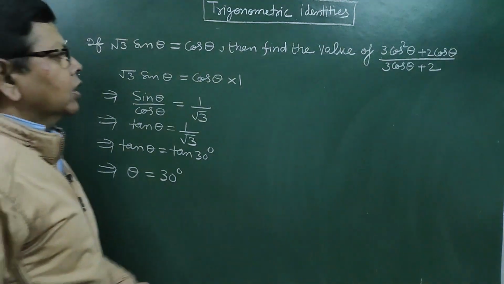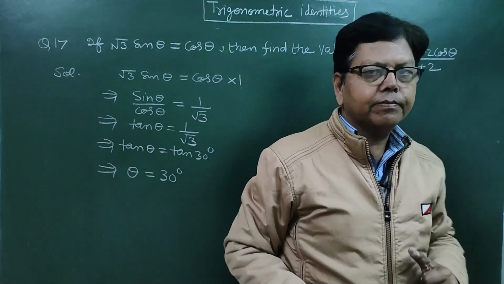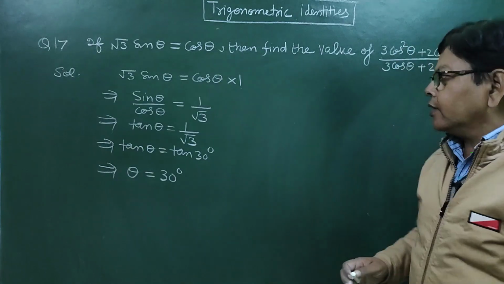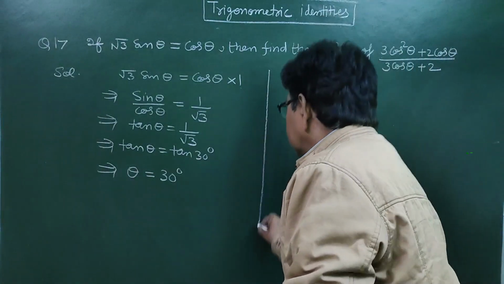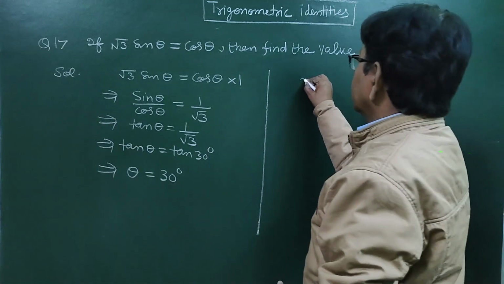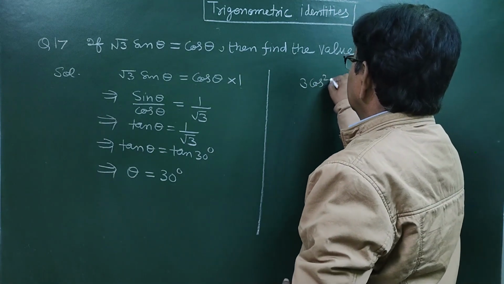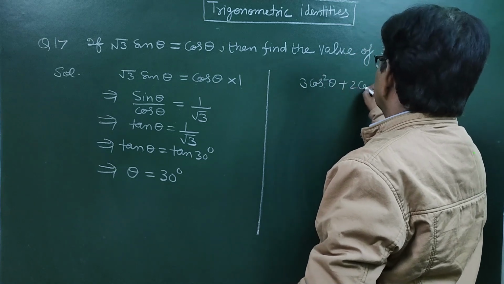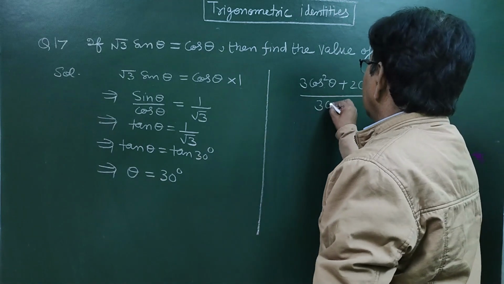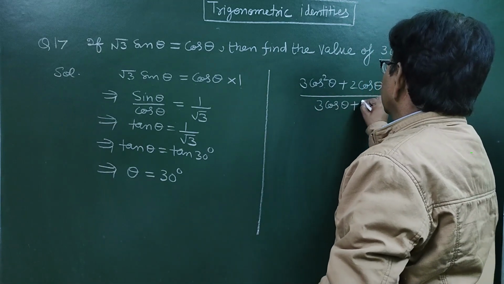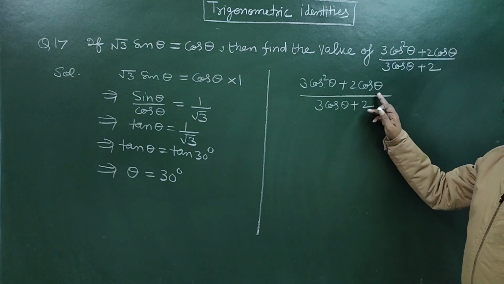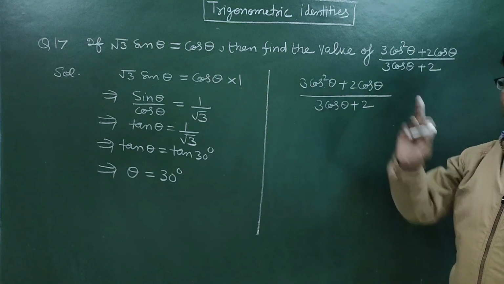Now let us consider the expression. After getting the value of the angle, let us write the expression whose value we want to evaluate: 3 cos square theta plus 2 cos theta upon 3 cos theta plus 2. Now in this expression, you can take cos theta as common.